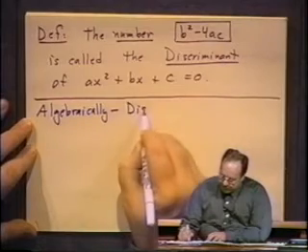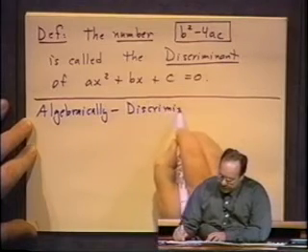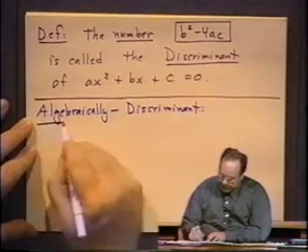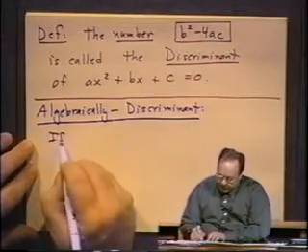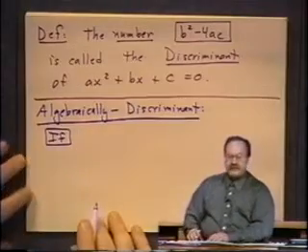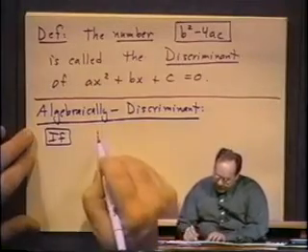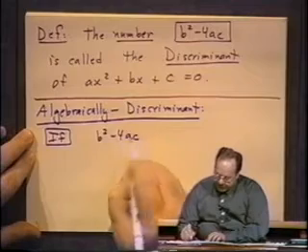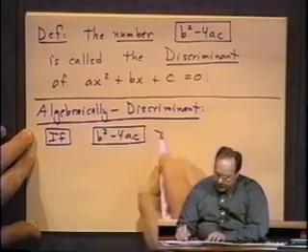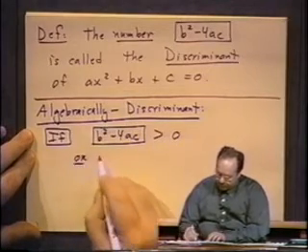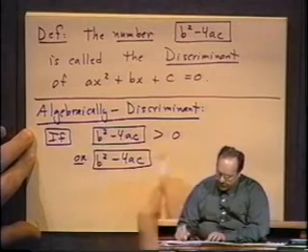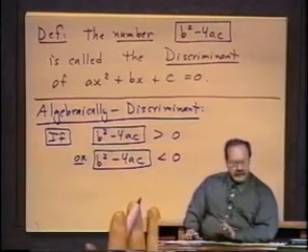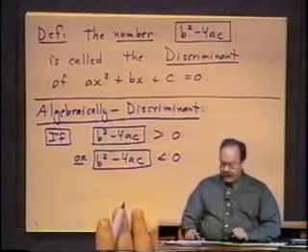So, algebraically, the discriminant is going to show us the following. Algebraically, what does the discriminant show us? Well, the first thing to note is, I'll write it out as an if-then form. If b squared minus 4ac, that number, is greater than 0, or if b squared minus 4ac, that number, is less than 0, in either case, now we're avoiding the 0 case, we'll get to that in a moment.